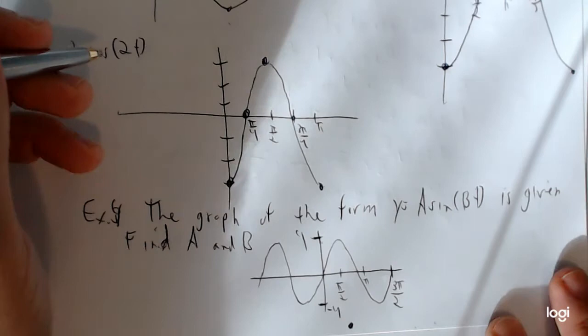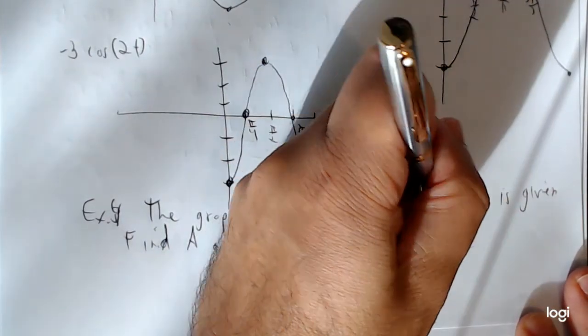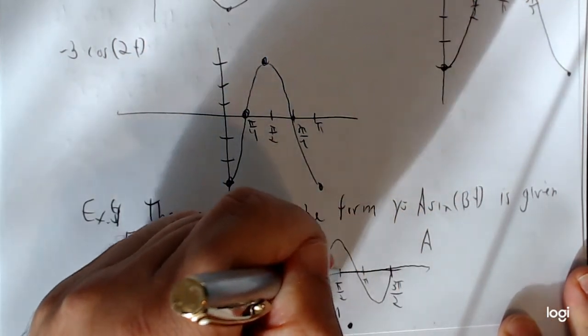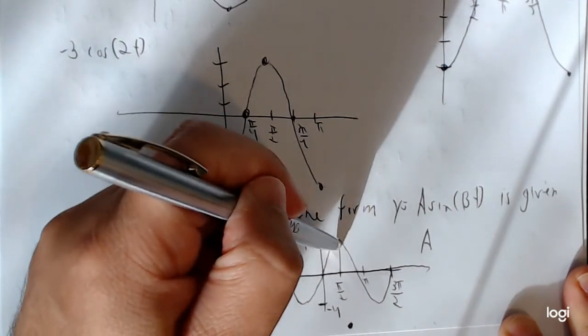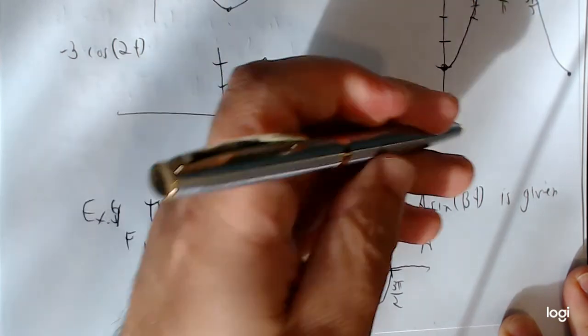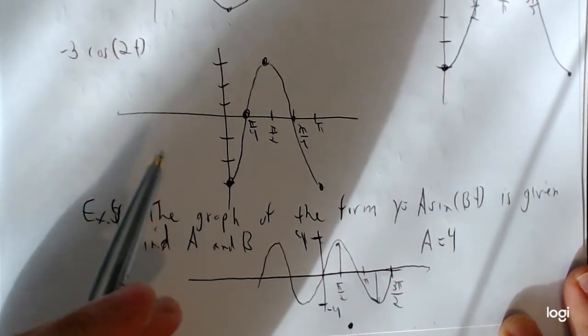Okay. All right. So I think we have enough information to figure this out. Finding a should be the easy part, because if you think about it, what horizontal line cuts this in half? It's the x-axis. So from the x-axis, how much do I have to travel up and down to get to the maximum and minimum? That means a is 4, right? Because I'm traveling up and down 4 units.